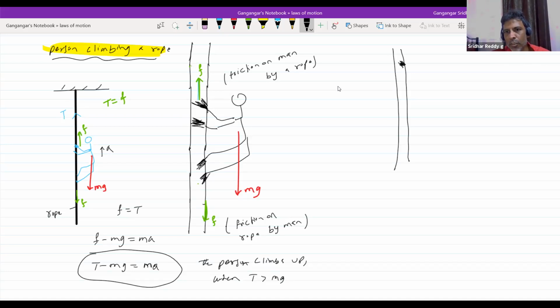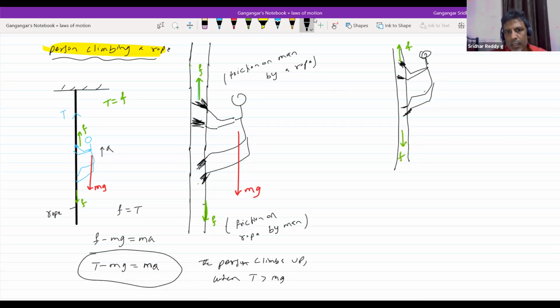I don't know why our books missed this idea, but the word friction is missing there. So students end up with only the other idea. Now the person here, also the friction will be on the rope.